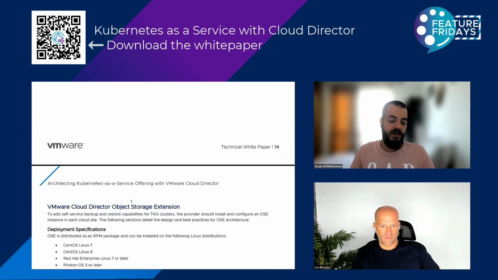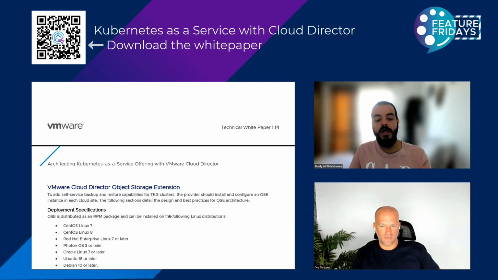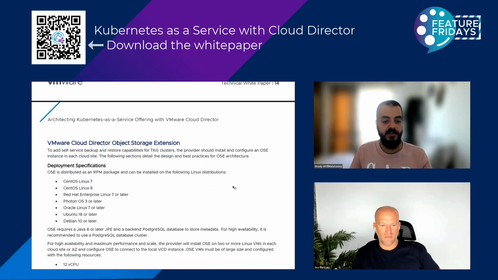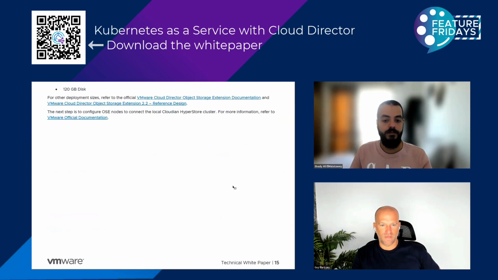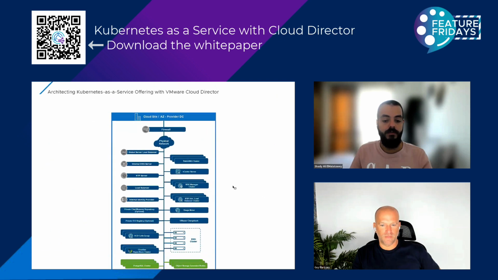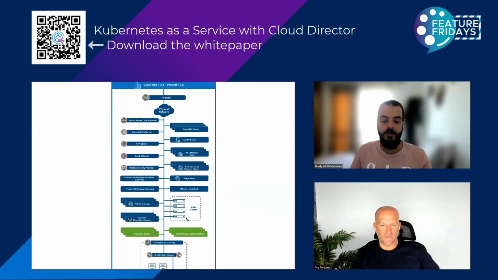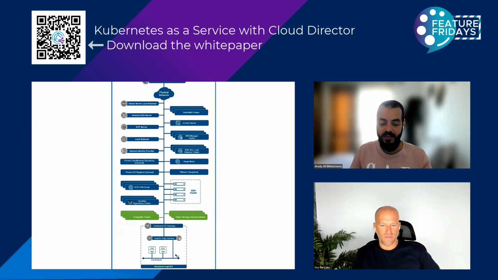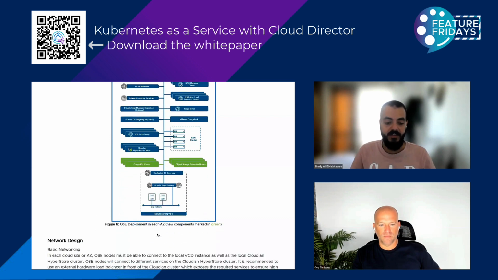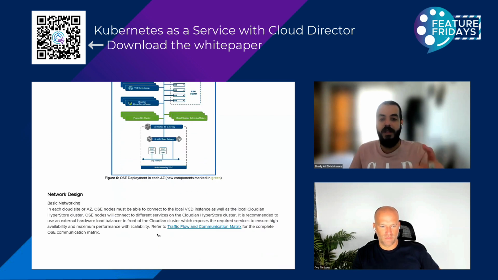The next piece is around object storage extension. We followed the same hierarchy and deployment specs. If you see here on the diagram, CSE was already there because we built that in the previous section. Now we added the object storage extension and its backend databases, so it's built up with each component.